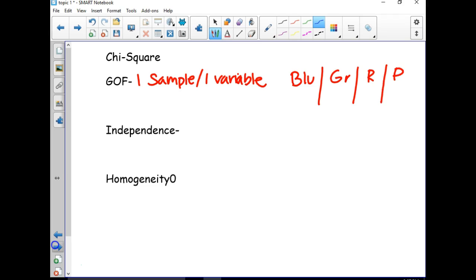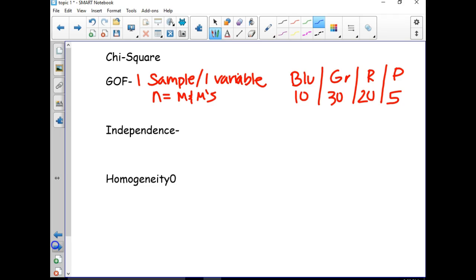But the sample is just the inputs. The sample size is the M&Ms. So you say, oh, I get 10, 30, 20, and 5. And then the candy bar company says it should be this percentage. And so you check and see with the goodness of fit test.